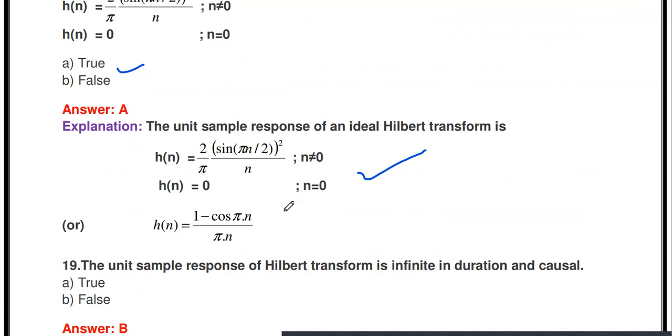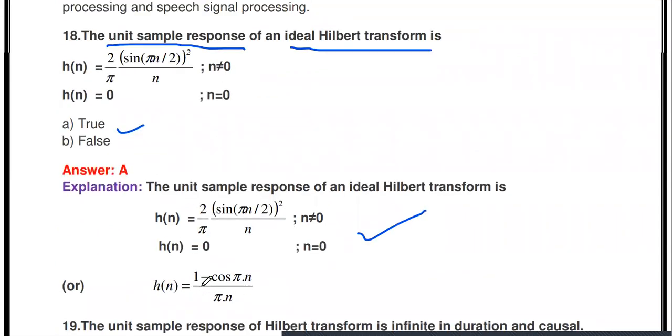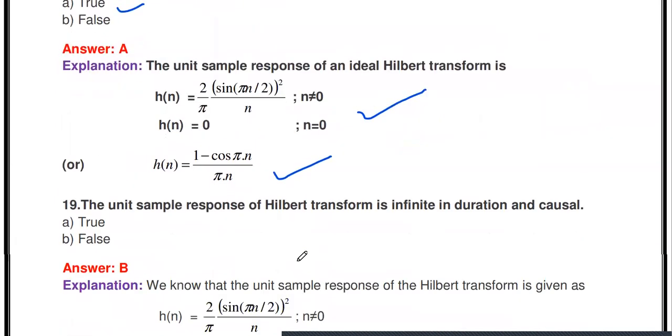So the other formula for the unit sample response of the Hilbert transform in terms of cos is 1 minus cos pi n divided by pi n. Both are the same. Remember these formulas.